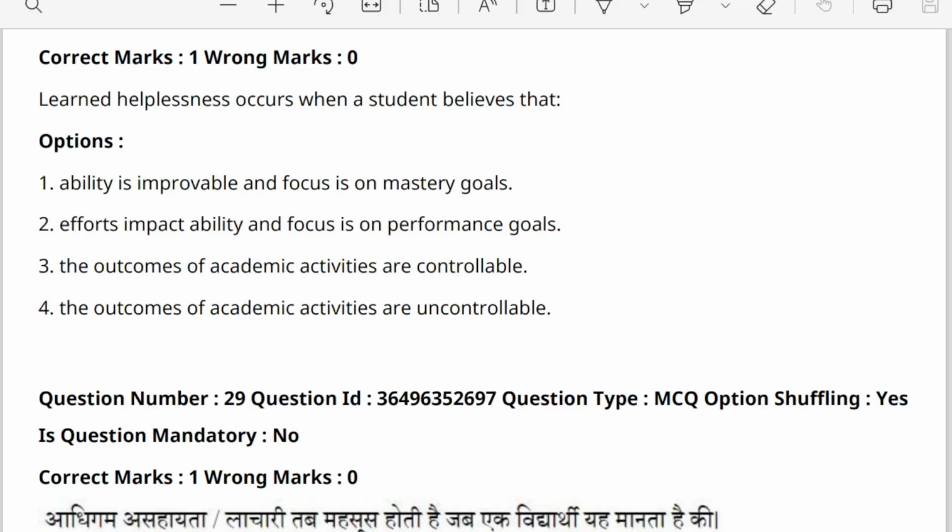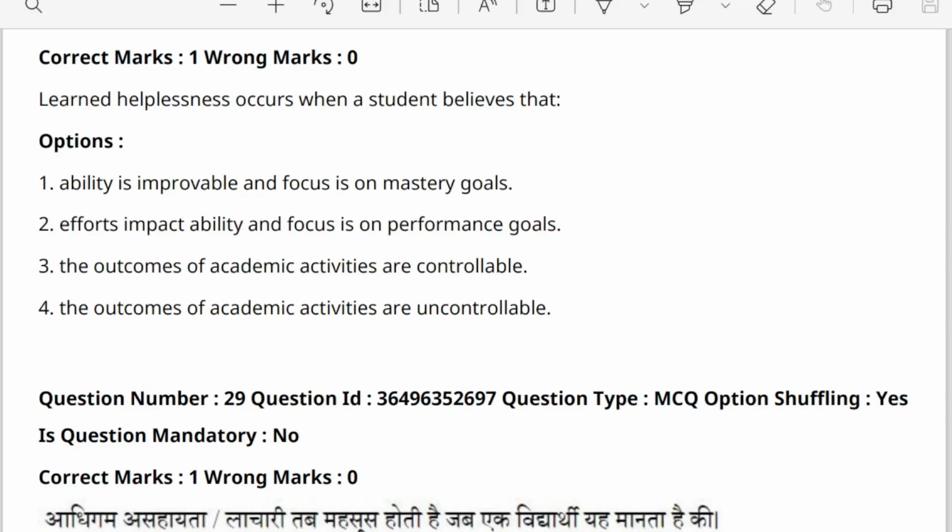So to answer this question, you have to figure out what is learned helplessness. Learned helplessness is a psychological state when a student has put in effort and failed and now totally believes that whatever effort he puts is absolutely going to lead to failure. So what will a student who has learned helplessness believe?